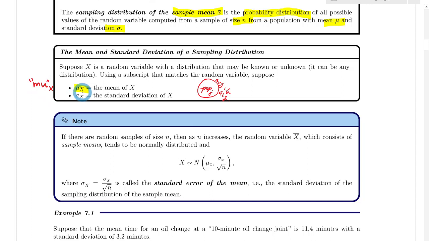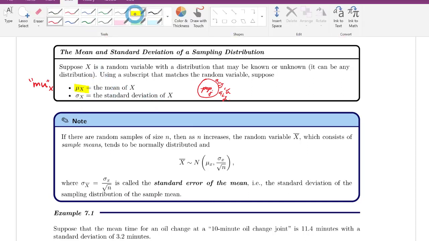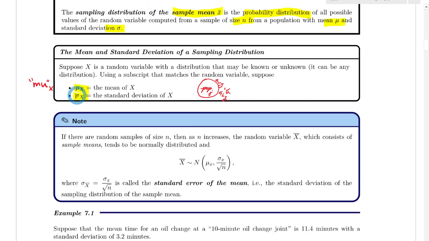So mu sub x says this is the population's mean that we estimated from a sampling distribution. Likewise with sigma, sigma sub x says that we estimated the standard deviation from a sampling distribution.